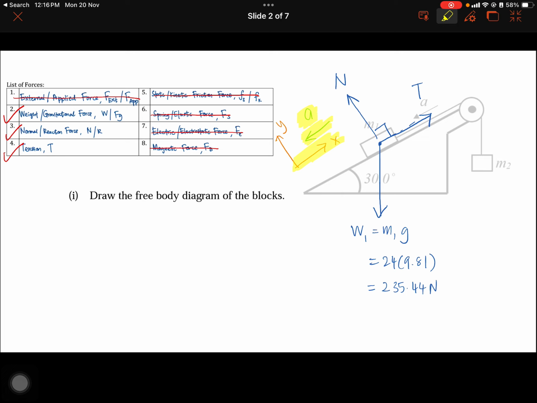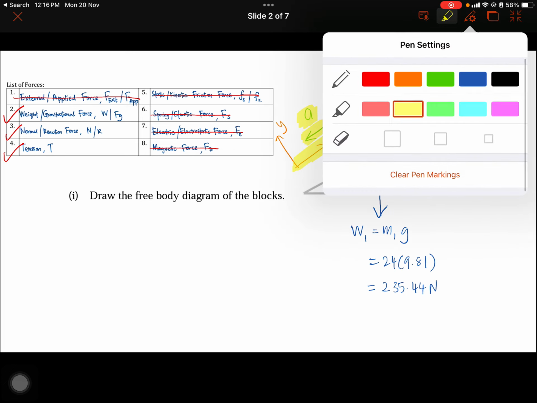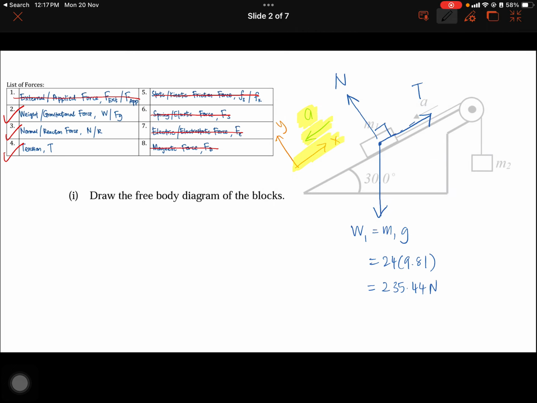Moving on now, we also going to draw another two forces, which are the components of W1, or weight 1 here: W1Y, and then another one is W1X.